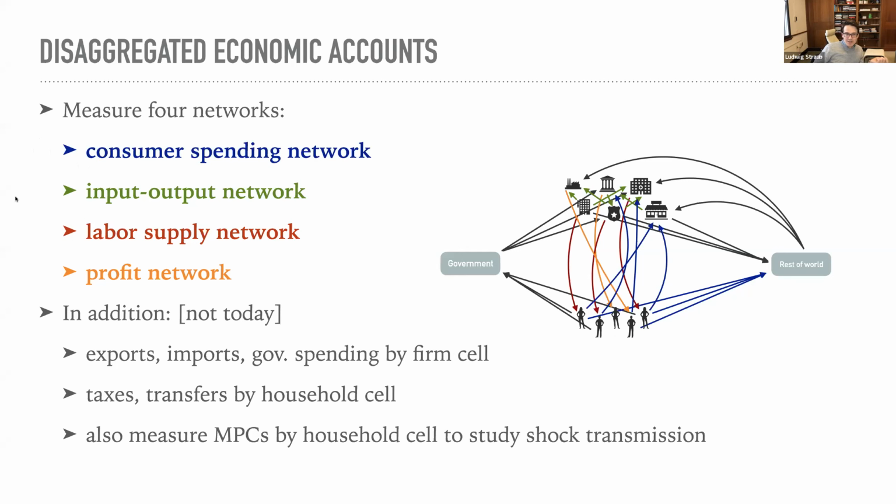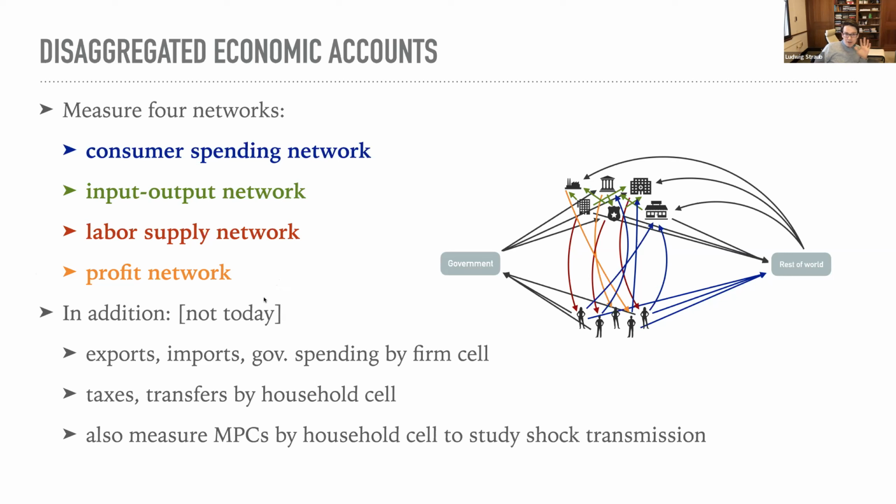We're also going to measure the input-output network, a bit like what Christina has done. We're also going to measure the labor supply network, which gives us where on average $1 earned in a given firm cell is going across household cells. And we're also going to measure a profit network that very similarly gives you the destination of an average dollar of profits earned in a firm cell.